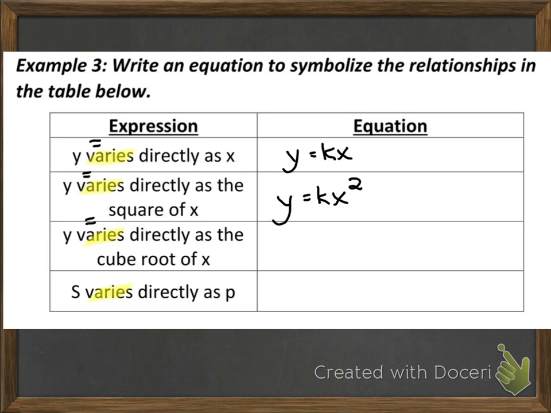Again, I still have to have k in there. Y varies directly as the cube root of x, so that's y is equal to k times the cube root of x. And then I have s varies directly as p. I used y and x a lot. You don't always have to use y and x. You can use any variables you want. Again, notice in all of these equations you have your constant of variation.